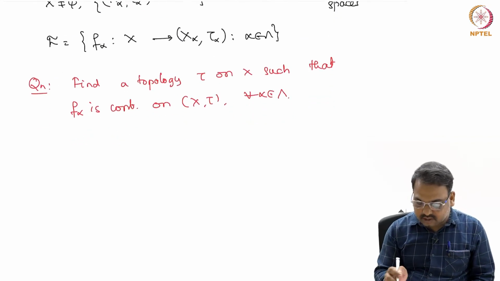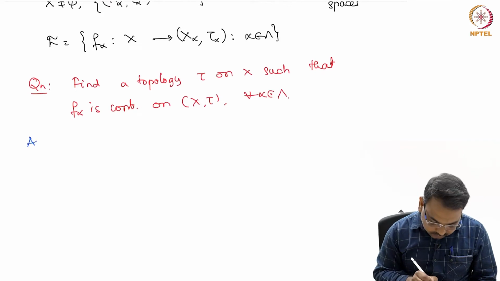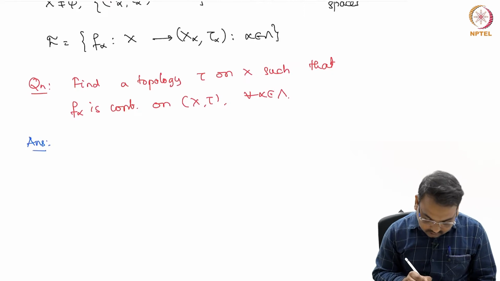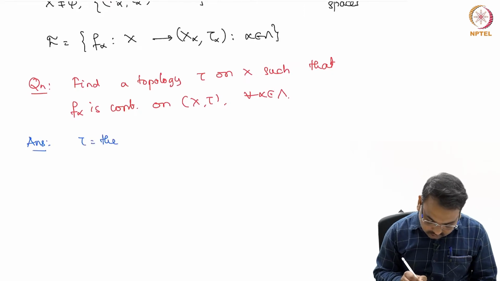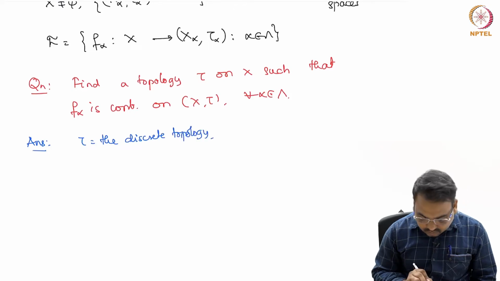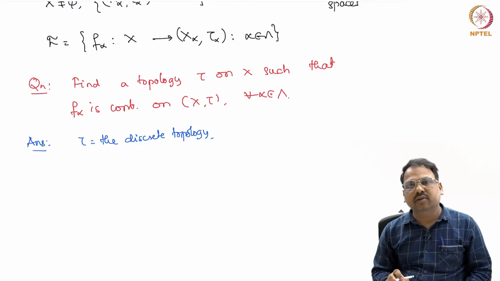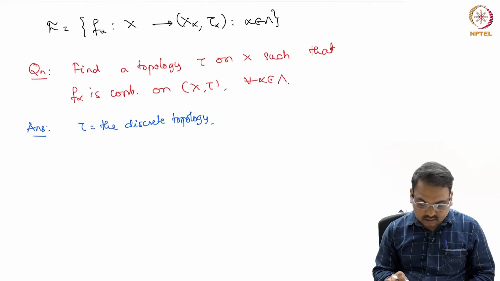In this case the answer is very simple. You take tau to be the discrete topology. But this is a trivial topology. We want a weaker topology, a smallest topology, which makes each f alpha continuous on X.